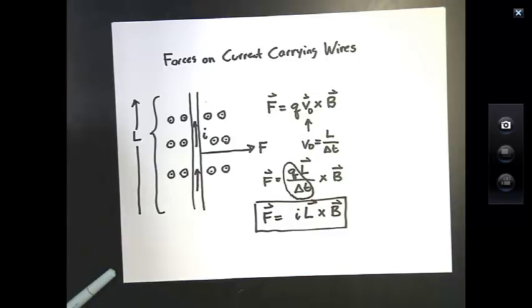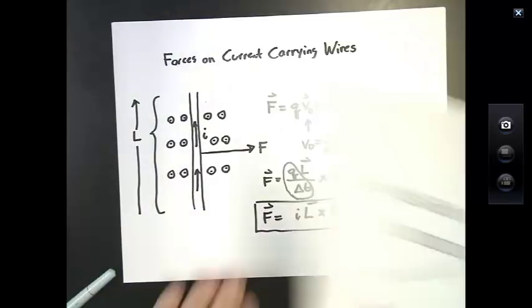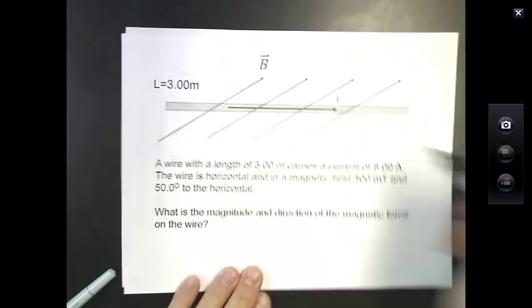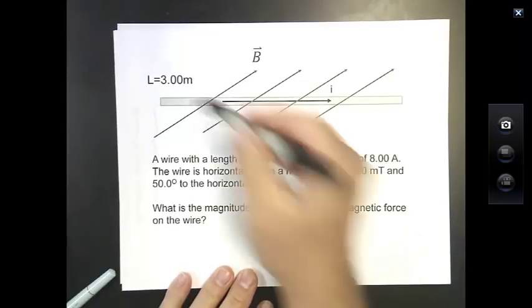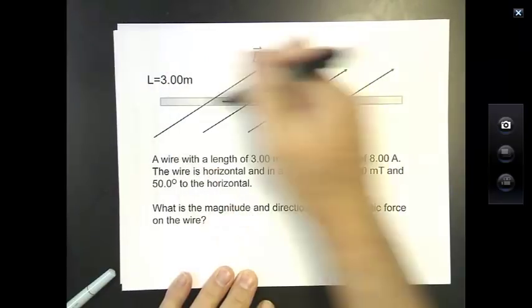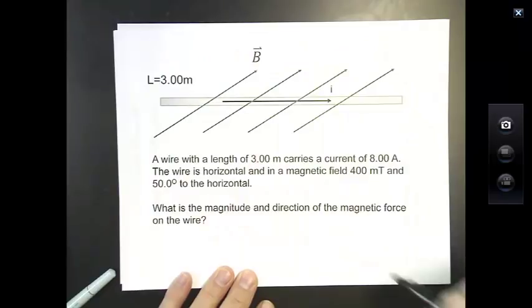Okay? So, an example. Very simple one. Imagine that we have a wire that carries a current of 8 amps. The wire is 3 meters long, or we're going to look at a 3-meter segment of the wire.